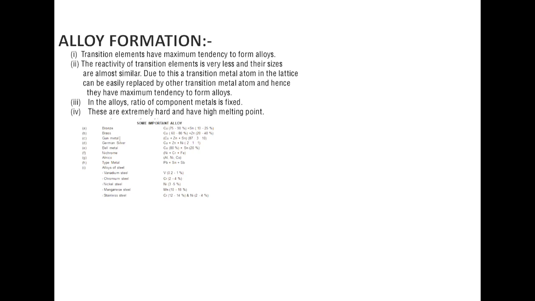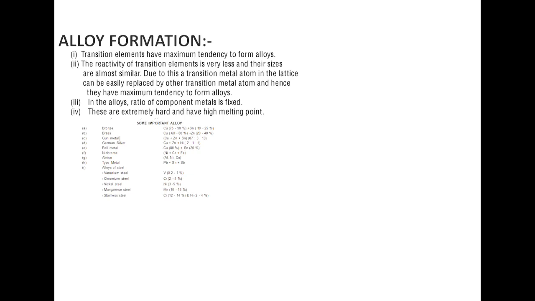They can combine together to form a homogeneous mixture, and that is called an alloy. Due to alloy formation, they have a high melting point and they are also extremely hard. So various metals can combine together to form alloys.